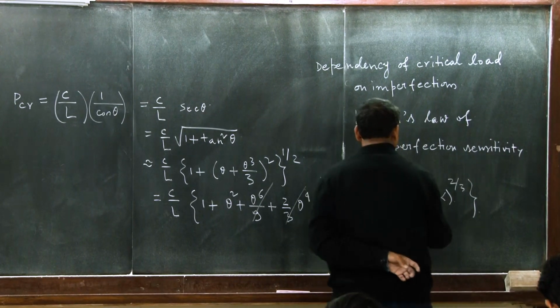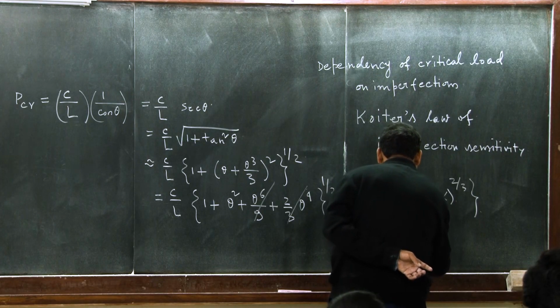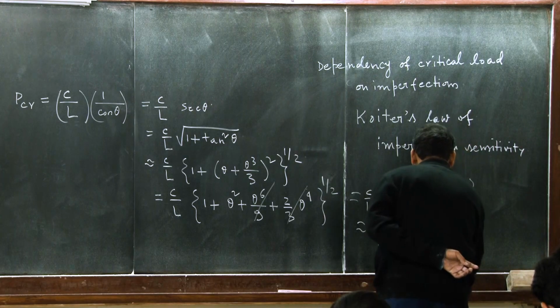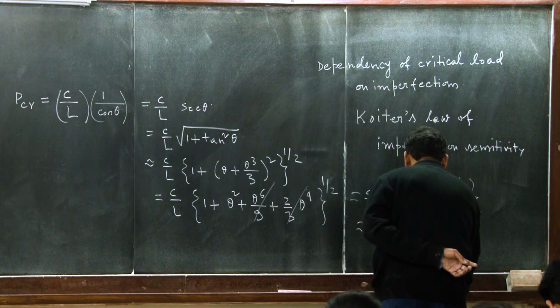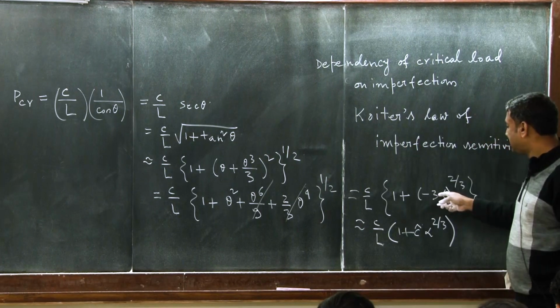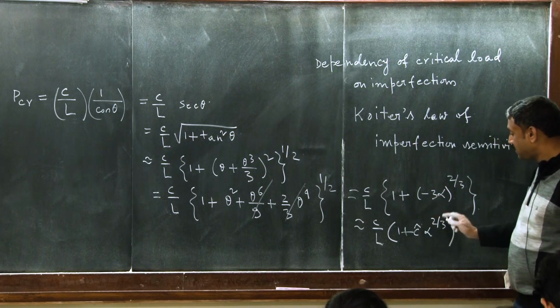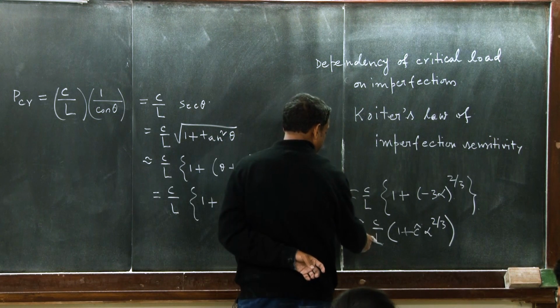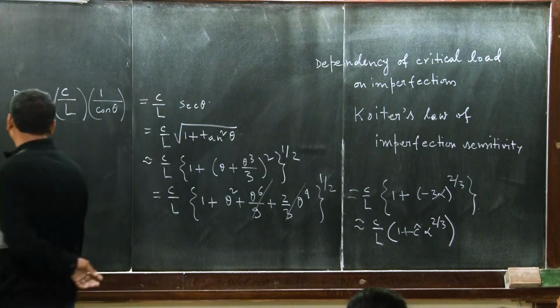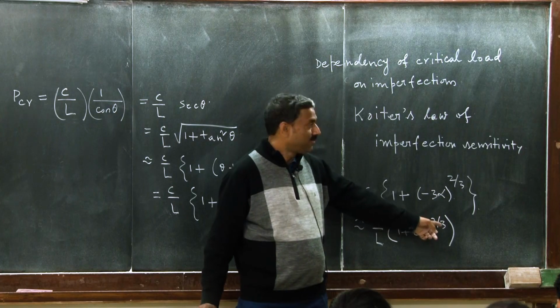So you can see we can write this as C by L, 1 plus some constant times alpha to the power 2 by 3, maybe C cap. When it is squared, the minus becomes plus. So P critical becomes P critical times this. What does it mean? The critical load is going to increase with imperfections, with a 2/3 power law.